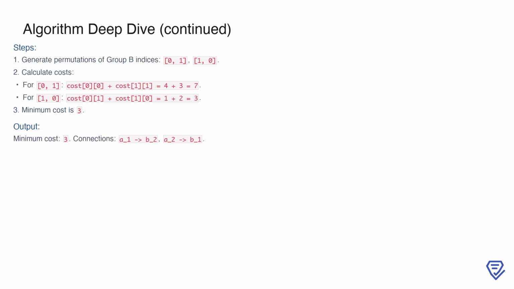Comparing these, we find that the minimum cost is 3, achieved by the connections A_1-B_2 and A_2-B_1. This example demonstrates how the algorithm evaluates all possible matchings and selects the one with the smallest total cost.